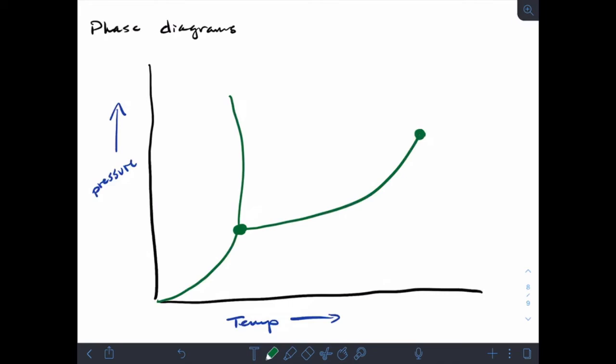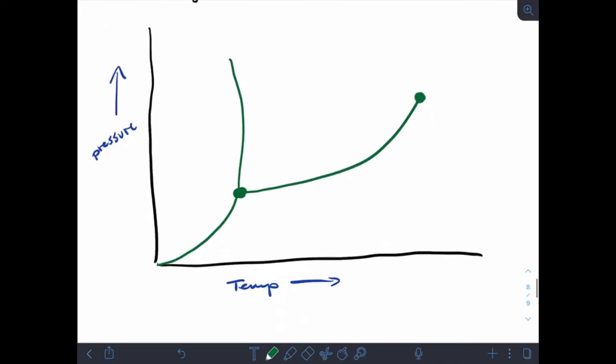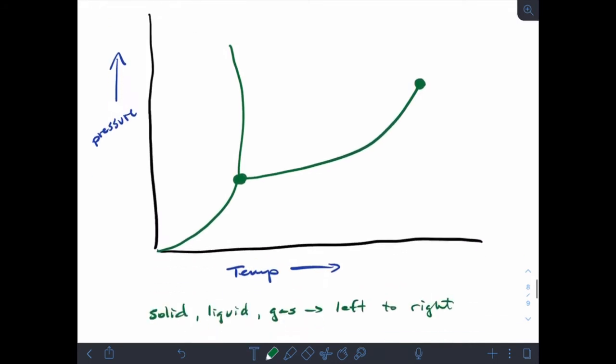Right? Now, solid, liquid, gas, left to right on our phase diagram.